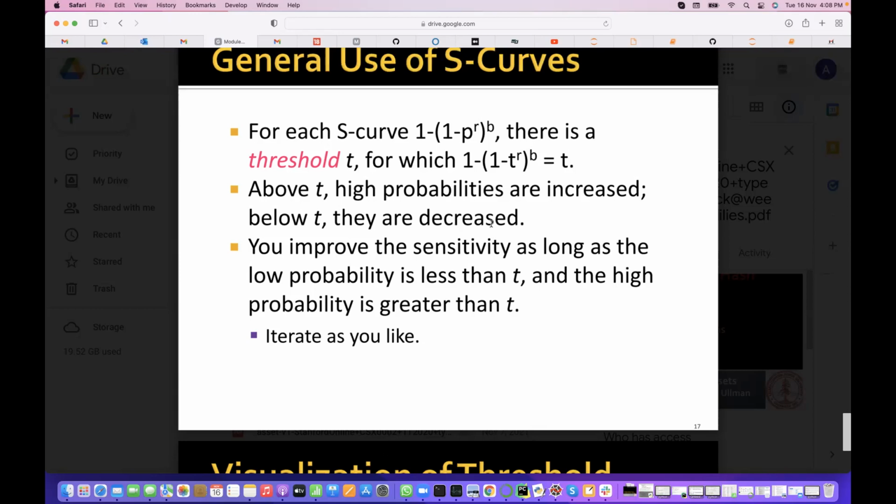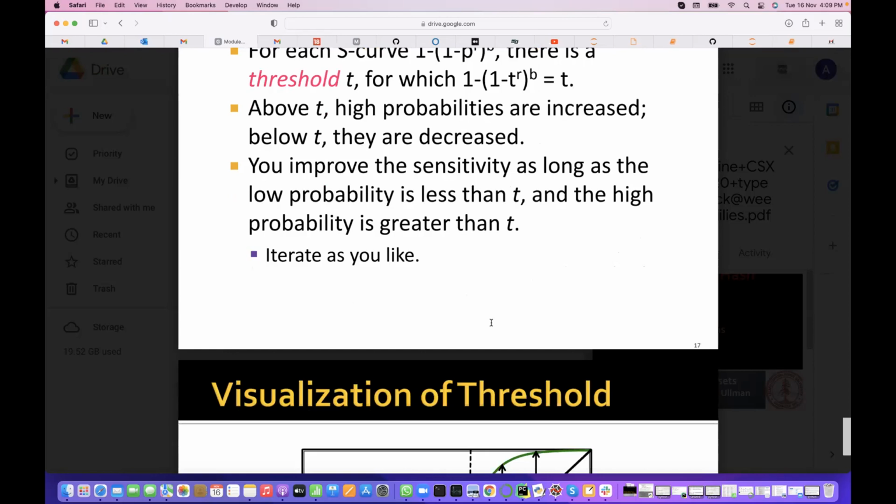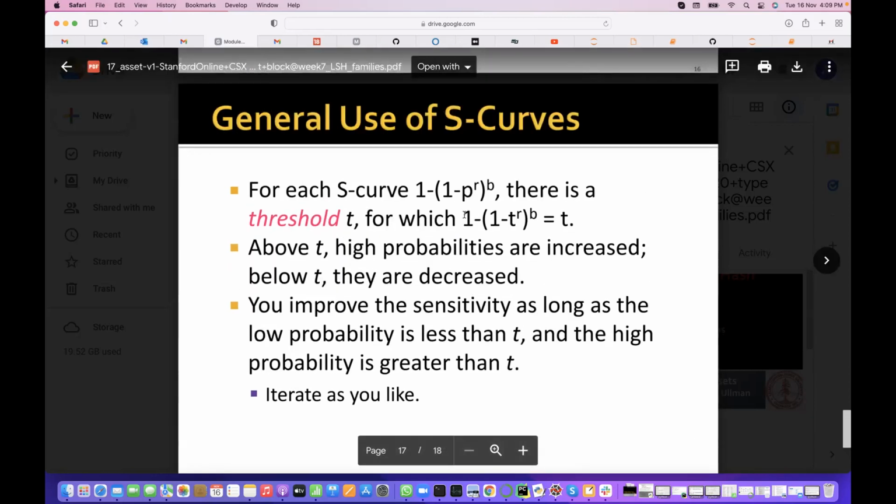That means same documents or same sets coincide. You improve the sensitivity as long as the low probability is less than T and the high probability is greater than T. Iterate as you like. So go through this once again.